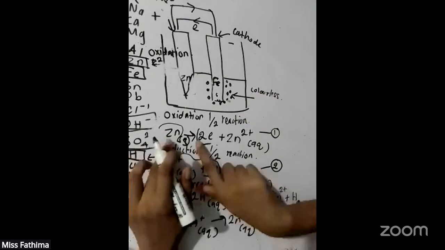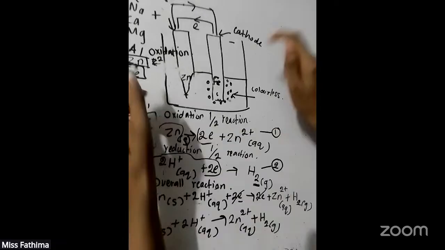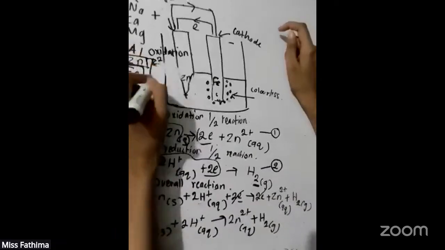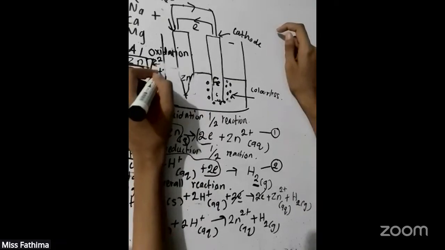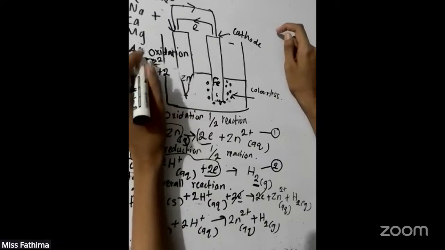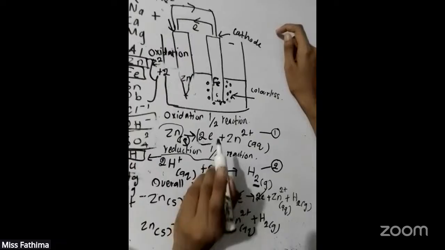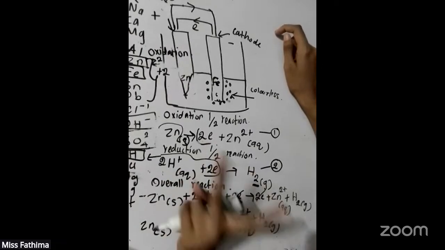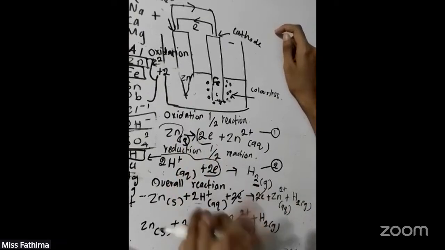So listen here. Zinc is in the form of solid, right? So remember, zinc to tin, zinc to lead, the valency is plus 2. If it is plus 2, they are going to remove 2 electrons. Plus 2 means removing 2 electrons. If they remove 2 electrons only, they will become 2 plus.